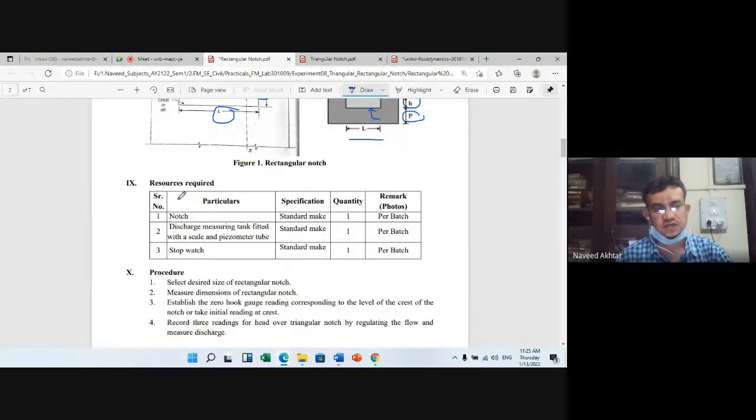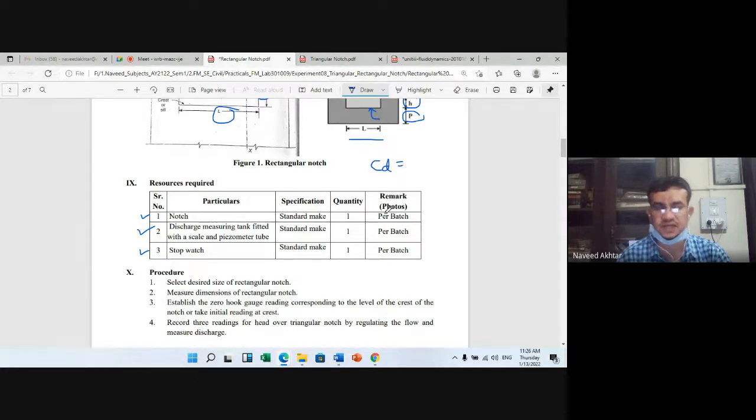The resources required are the notch, discharge measuring tank fitted with a scale and the piezometric tube. You need a stopwatch also to measure the discharge in your tank. Okay, actual discharge. How will you find it in the tank? Because we are going to find out the coefficient of discharge, Cd.